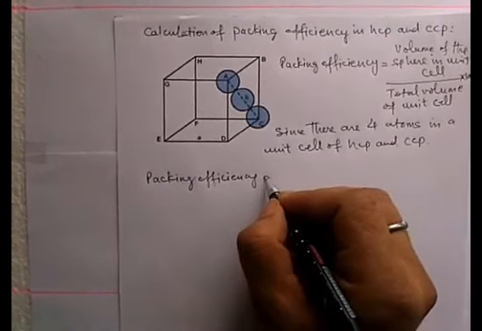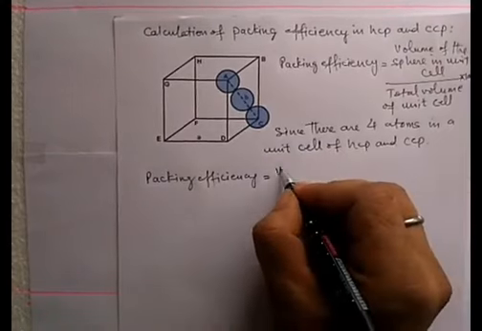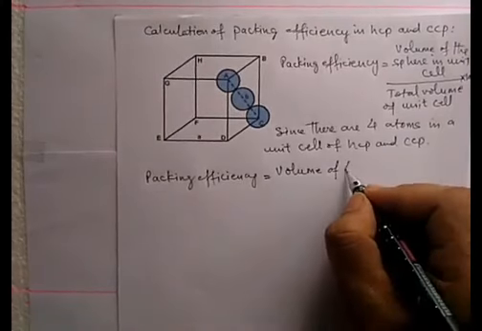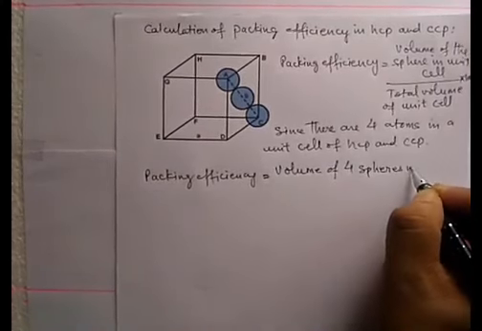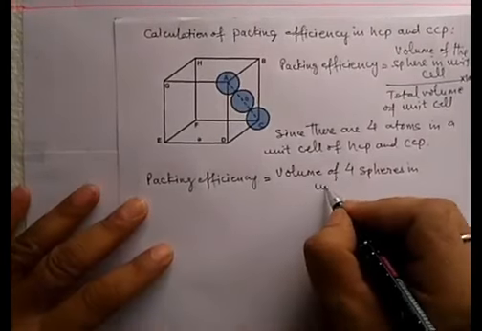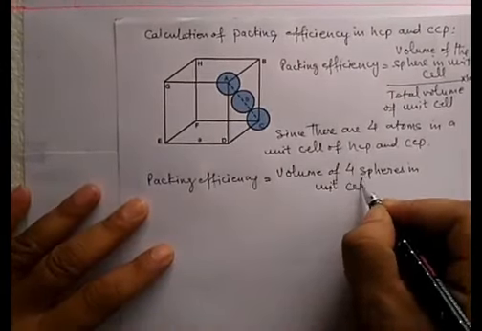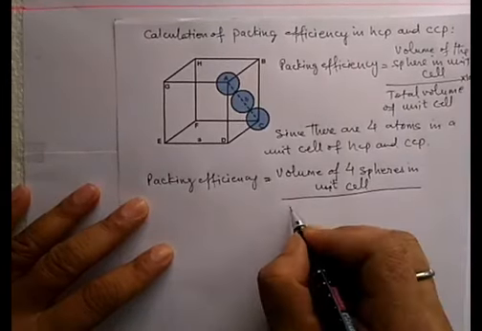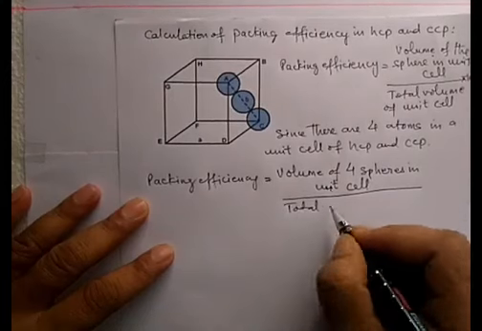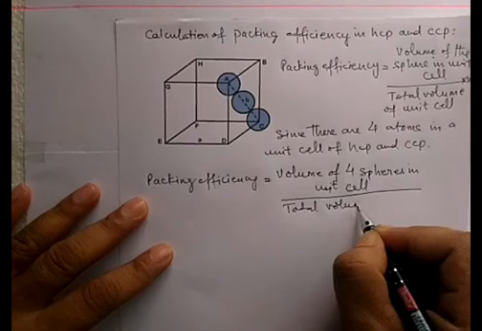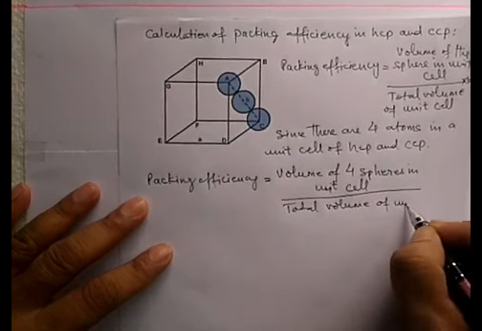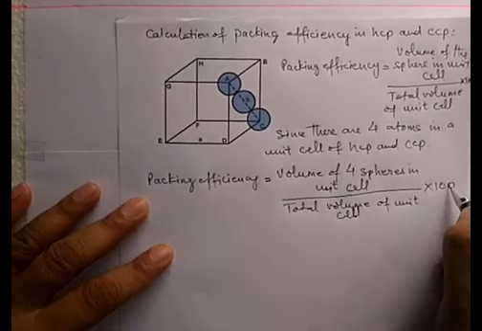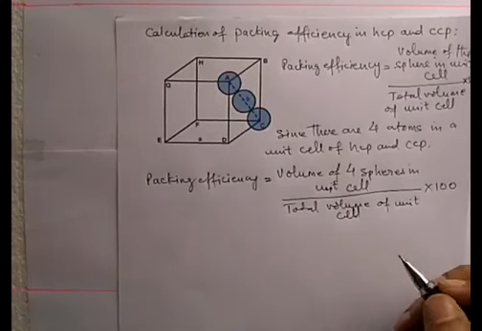So the formula becomes the volume of 4 spheres in the unit cell upon the total volume of the unit cell, and again this will be multiplied by 100 because it is about efficiency.